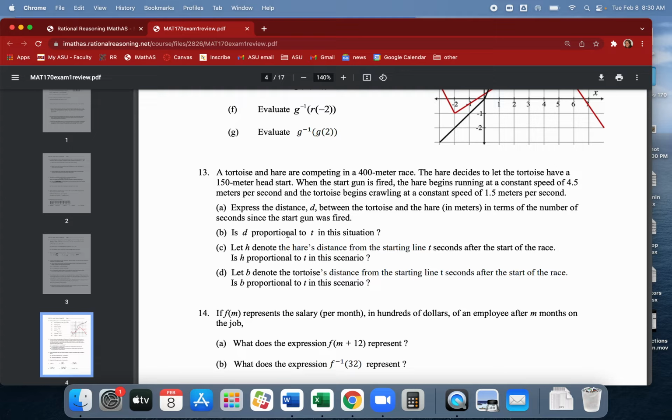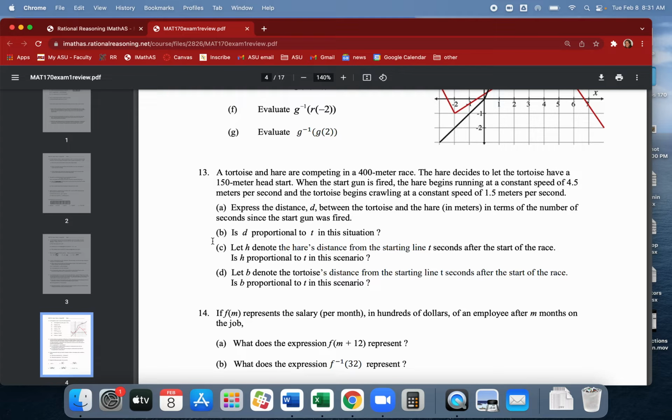So if their distance is shrinking and time is growing, D and T are not proportional, because one's getting larger and the other's getting smaller. So if I keep dividing different corresponding values of D and T, they should not come out the same, because I start out with a big distance and small time, and at the end I have small distance and big time, and those quotients can't be the same.